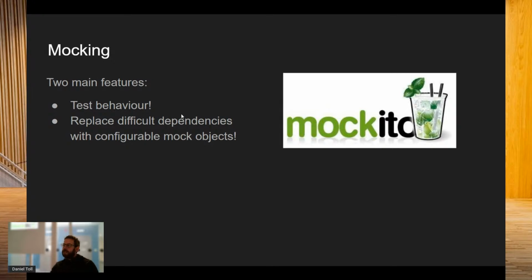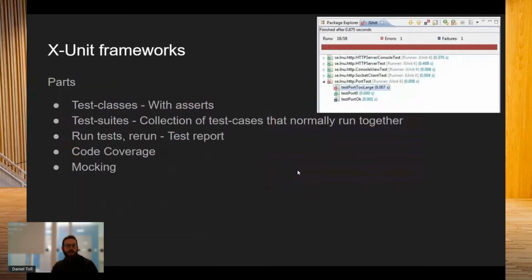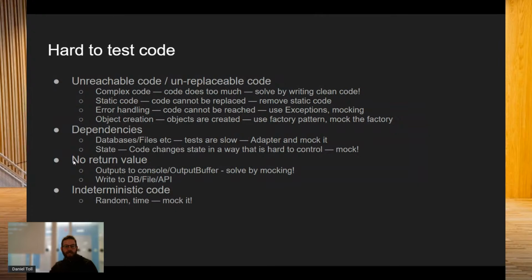And this solves some of the hard to test problems that we showed before. So let's look at those again. This one in particular, no return value. Some methods don't return anything. So how should we test those? Previously, if some method was writing to system out, you could replace system out with some other kind of stream, and then catch that.